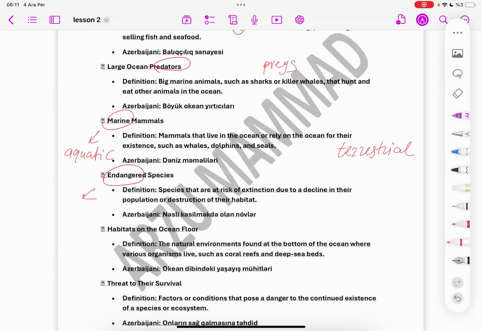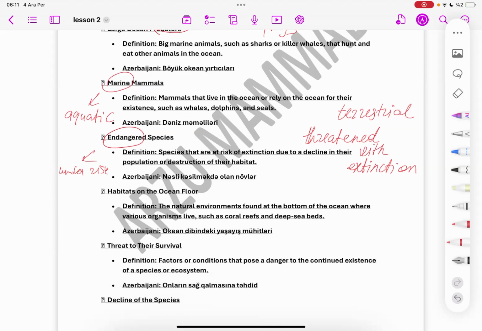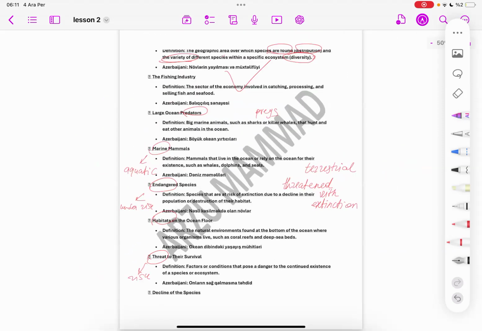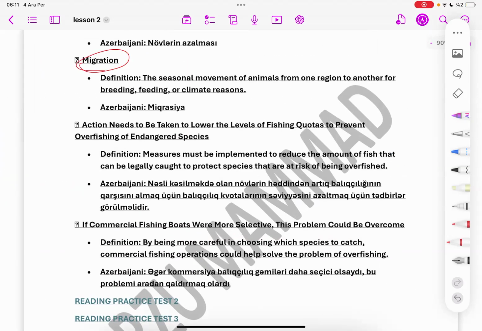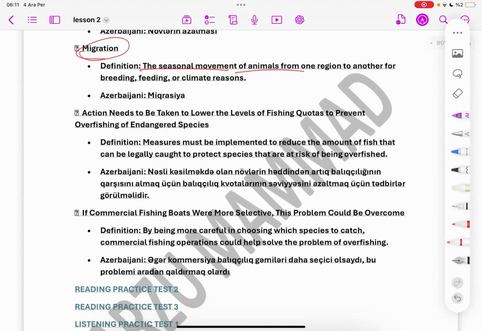Endangered, we have covered, like under risk, threatened with extinction. In lesson one, you can find this. Threat, it is a risk. Habitat, the place where animals live. Decline, species, you know these ones. Migration, the seasonal movement of animals. It's the same in our language as well.